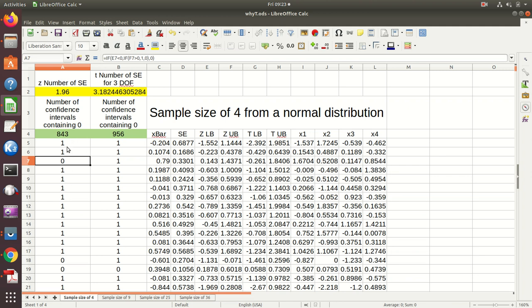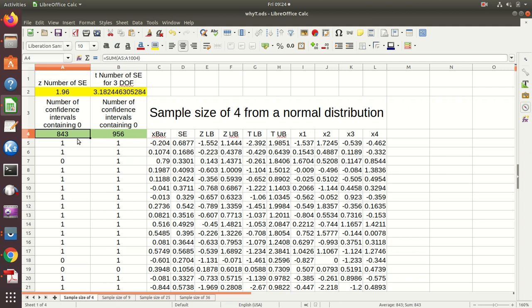I did that all the way down for all 1,000 rows, and I counted up. Here I summed up all the ones, and notice that out of 1,000 of these runs, actually only 843 had confidence intervals containing 0.